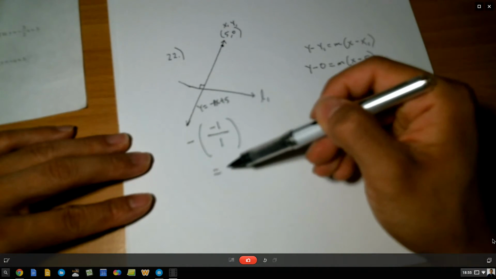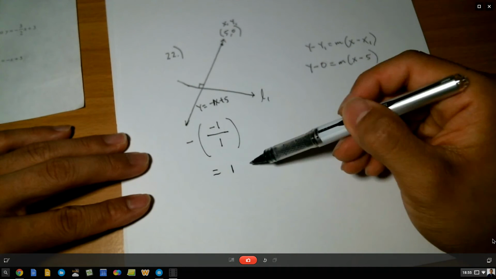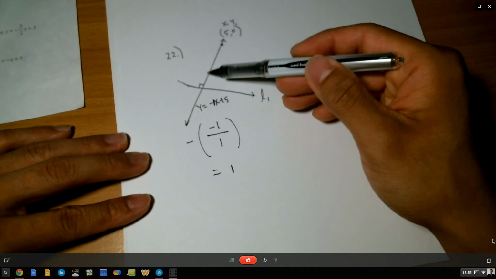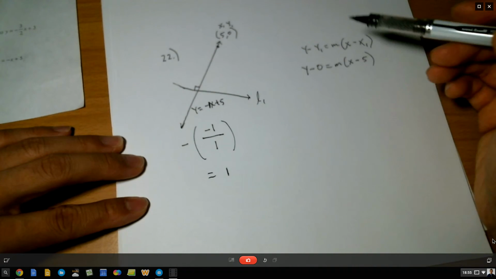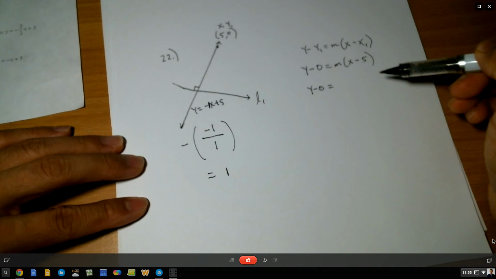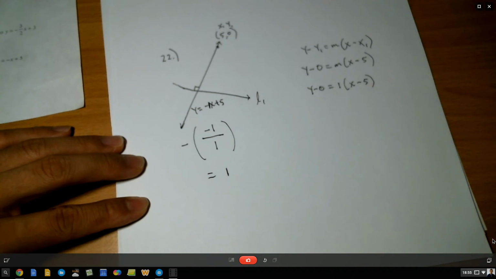So we end up with a positive 1. And that is the slope that we have for this line here. So we plug this back into our m here. y minus 0 is equal to 1 times x minus 5.